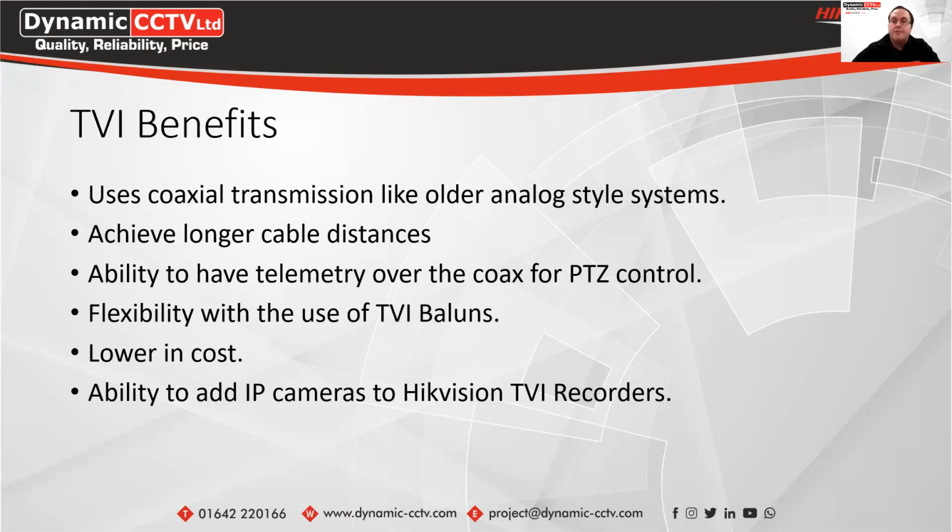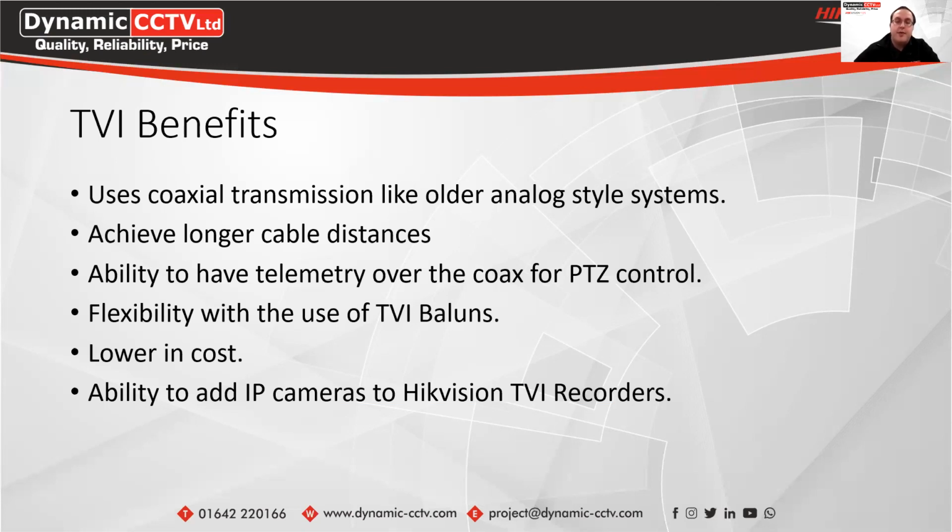Now in some scenarios, when using standard balun and also sending power down the same Cat5 cable, depending on the cable distances, you can see interference from the actual power supply, especially at night when the cameras are drawing more power than they would normally. So generally on longer cable runs or when you're using high power cameras, it's better to use a powered balun rather than your standard 2-core balun.